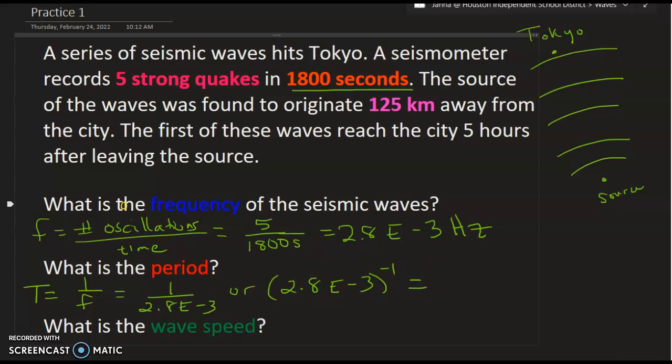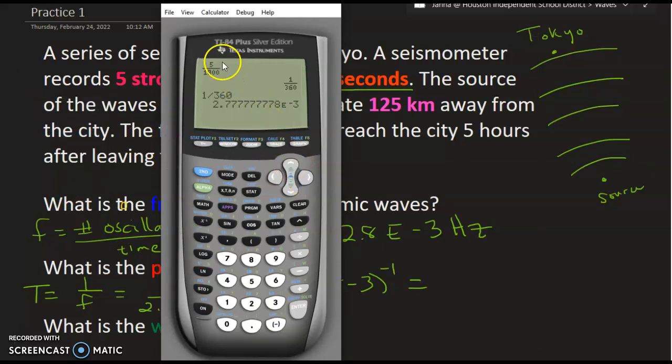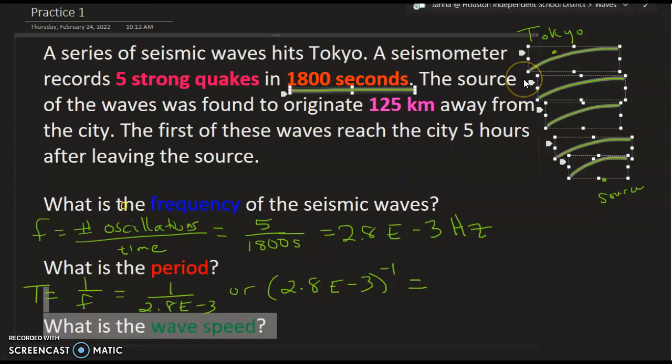I grab the calculator. Here it is. I can see that it was 1 over 360, which should just be 360, but I'll confirm. 1 over 360 raised to the negative 1 gives me a period of 360 seconds.